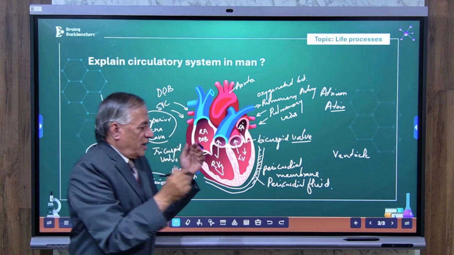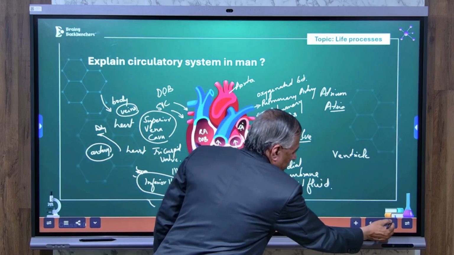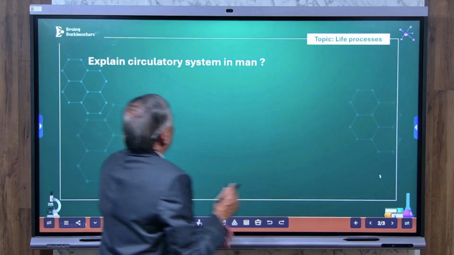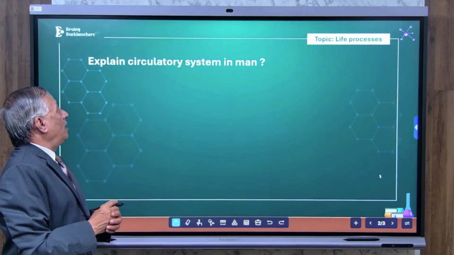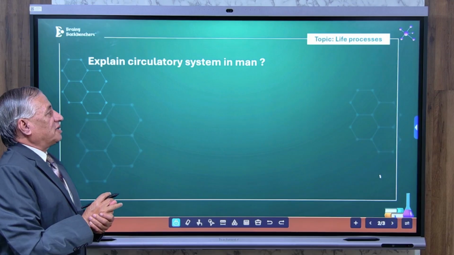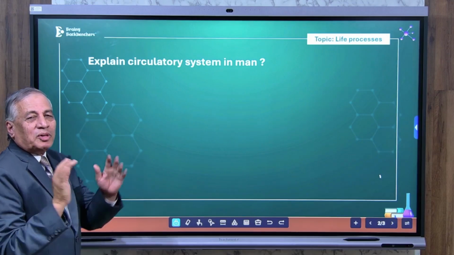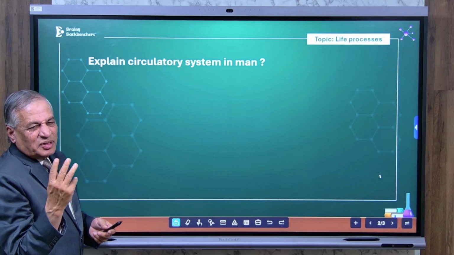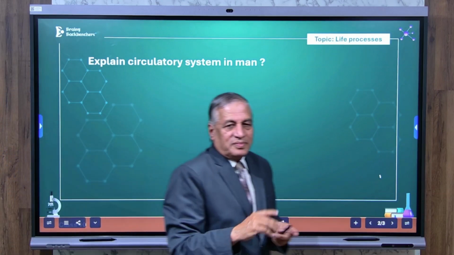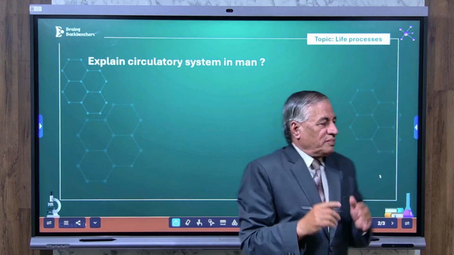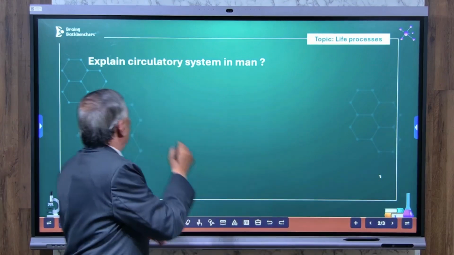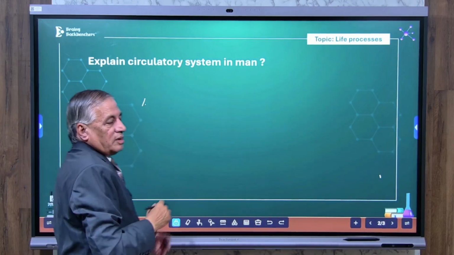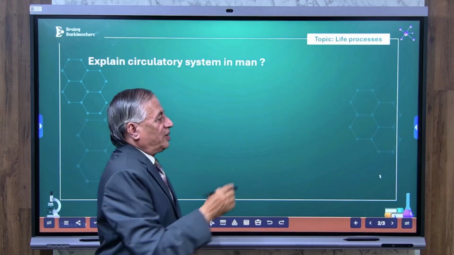Now we will go back to here. I have written, explain circulatory system in man. How are you going to write the entire system? You can write in 3 lines. Just 3 lines. First one, oxygenated blood, pure blood.